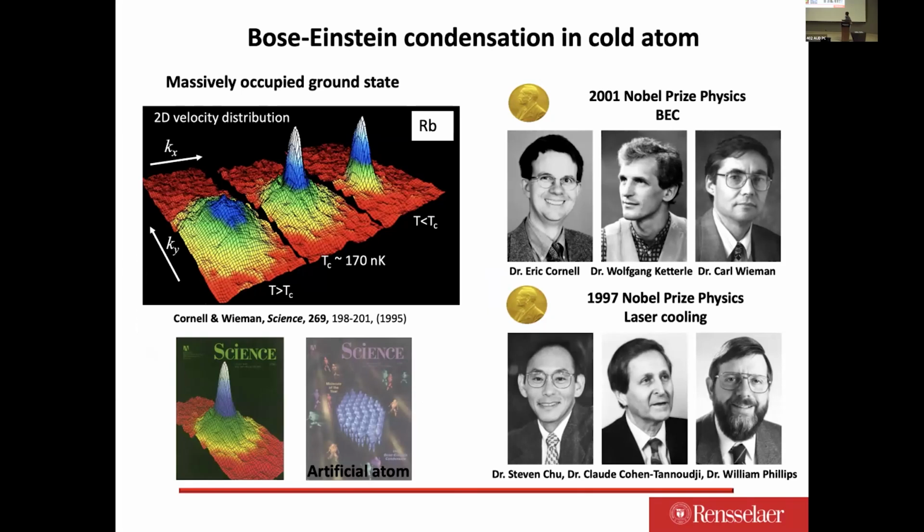The experiment was done with cold atoms in an ultra-high vacuum chamber, with rubidium atoms, a magnetic trap, and laser interference trapping. Once you go down to 170 nanokelvin, the rubidium atoms become massively occupied in the energy minimum state, essentially k equal to 0, kx, ky equal to 0.